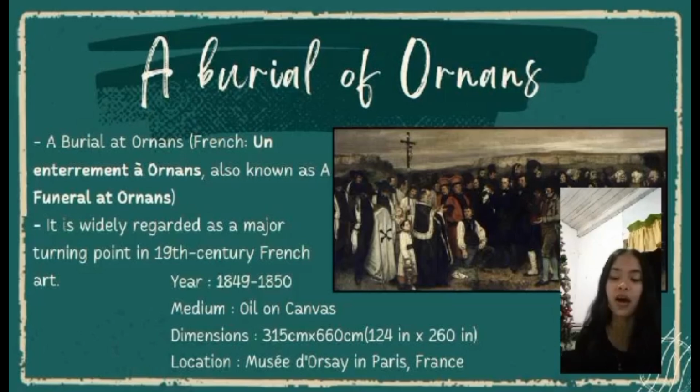It sets an ordinary provincial funeral with frank realism, on the grand scale traditionally reserved for heroic or religious scenes. This painting was exhibited around 1850 to 1851 at the Paris Salon, which created an explosive reaction and brought Courbet instant fame.